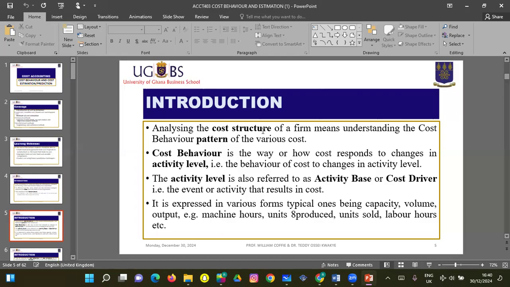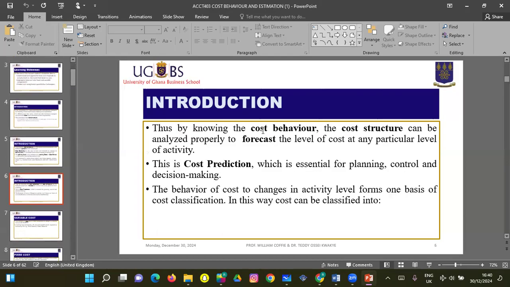Examples are machine hours, units produced, units sold, labor hours, and so on. By knowing all the cost behavior, cost structure can be analyzed properly to forecast the level of cost at any particular level of activity. This is cost prediction, which is essential for planning, control, and decision making.